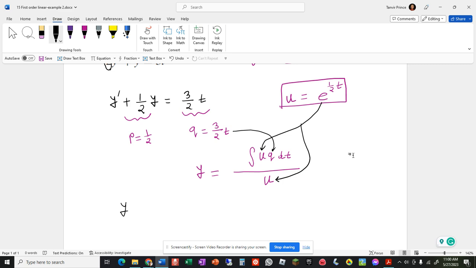So my y is equal to the integral of u times q dt divided by u.